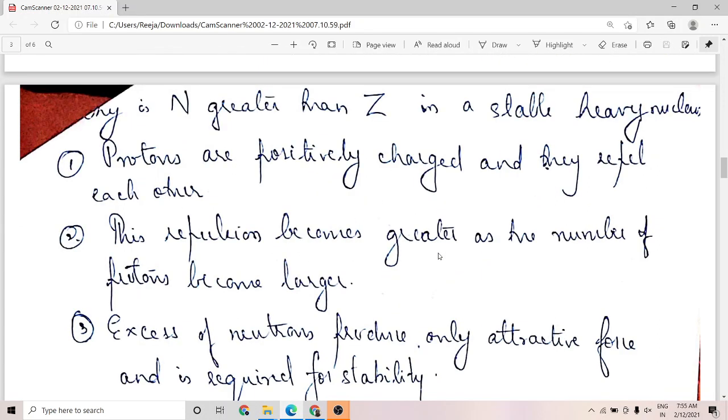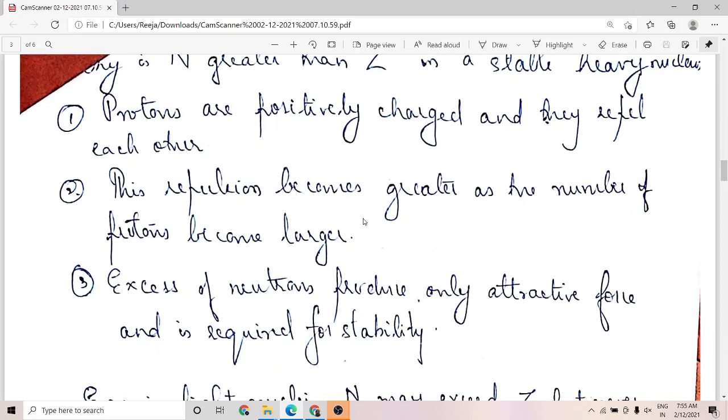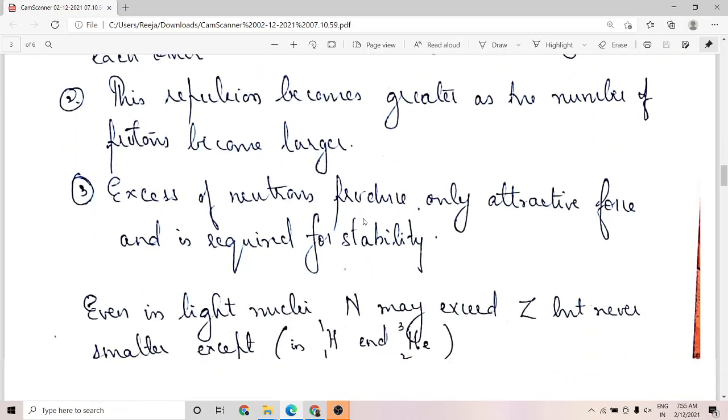Next, we told that in heavier nuclei, the number of neutrons is found to be greater than the number of protons for the nuclei to be stable. Now, why is it so? Protons are positively charged and they repel each other. This repulsion becomes greater as the number of protons becomes larger.